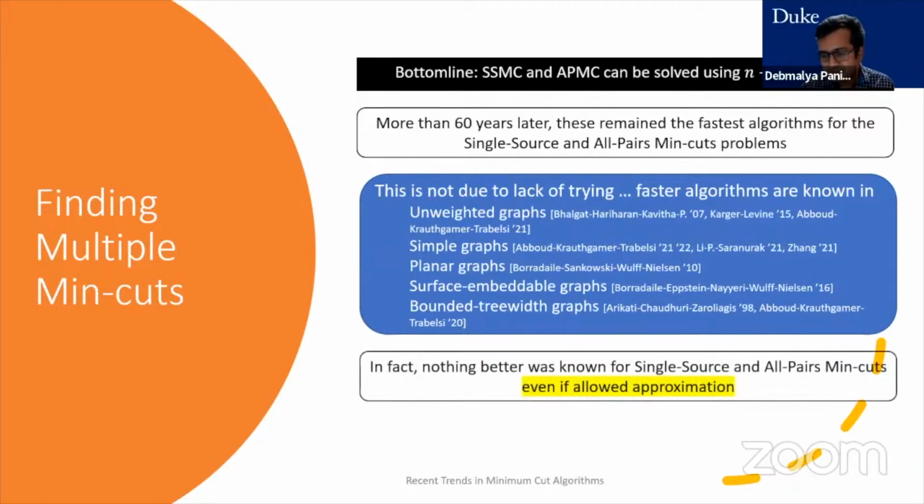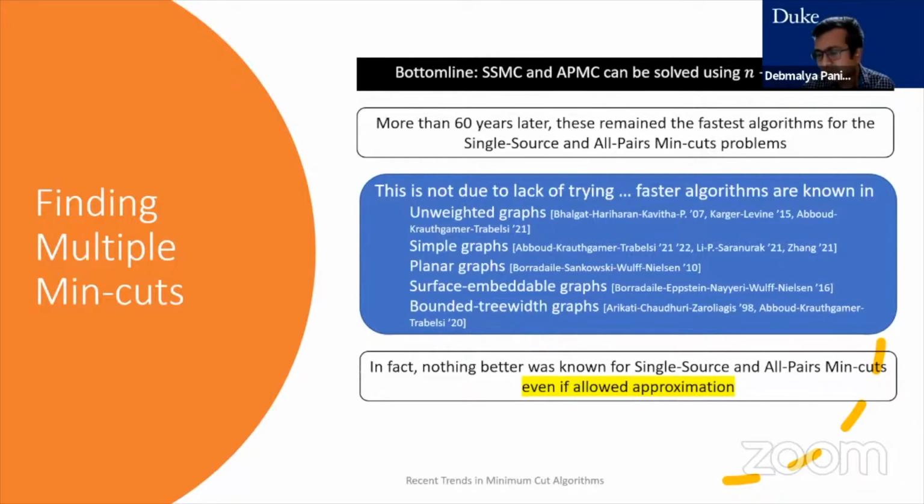Even more surprising, we knew of nothing better even if you allowed approximation. Even if we said maybe we don't want the exact all pairs min cuts or the exact single source min cuts, but we want some approximate min cut, even that did not lead to any better algorithms.